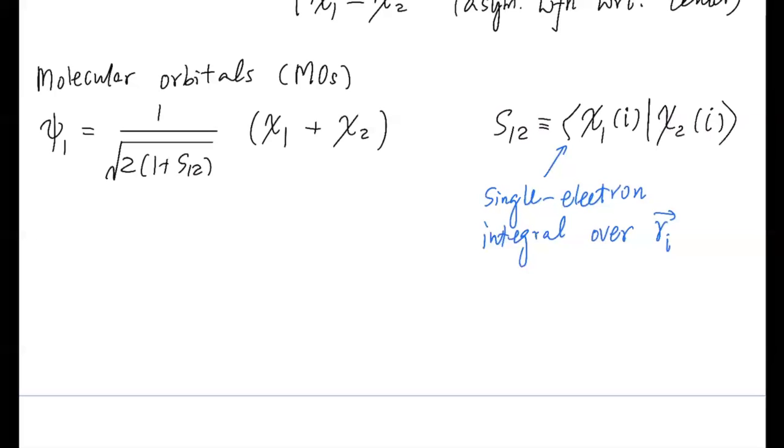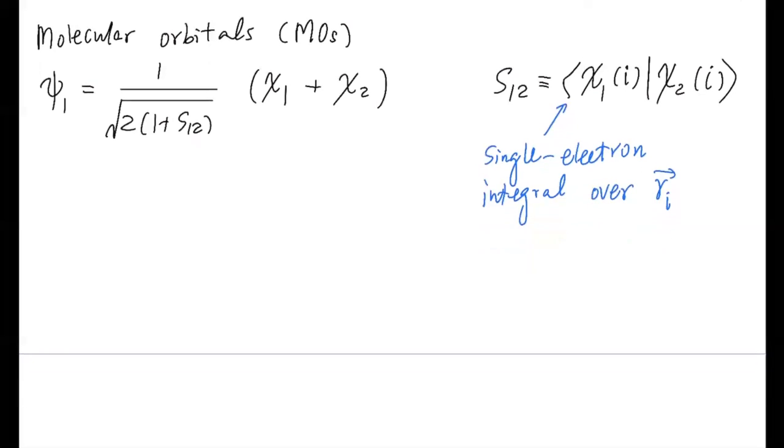If you separate these two nuclei to an infinitely large distance, which is the so-called dissociation limit, then the overlap between the two atomic orbital basis functions is 0, right? Okay. So this is your first molecular orbital.